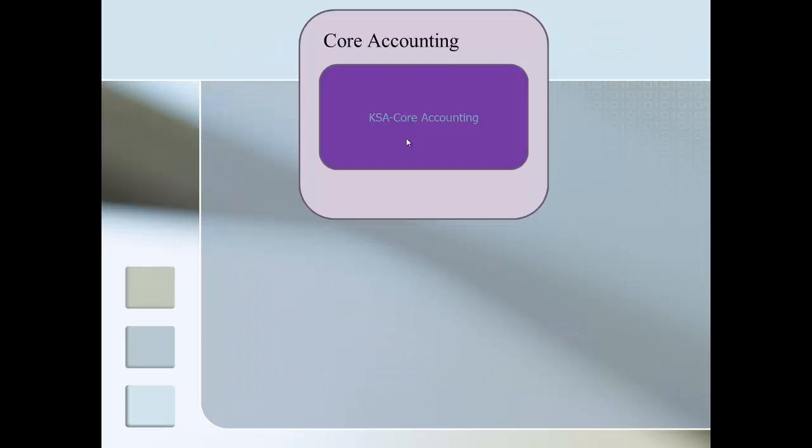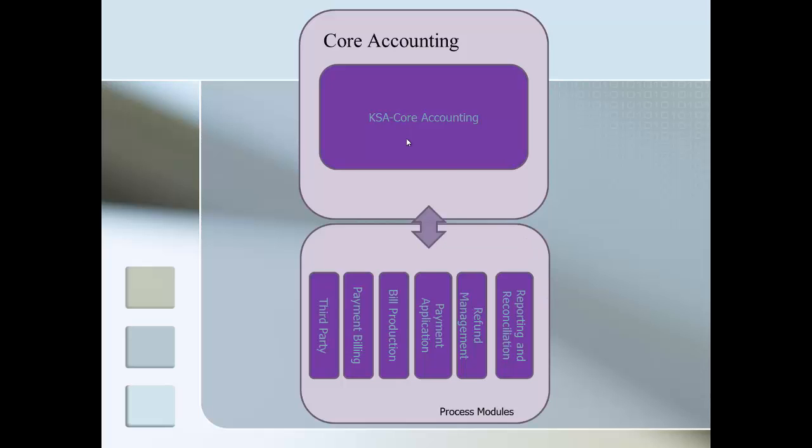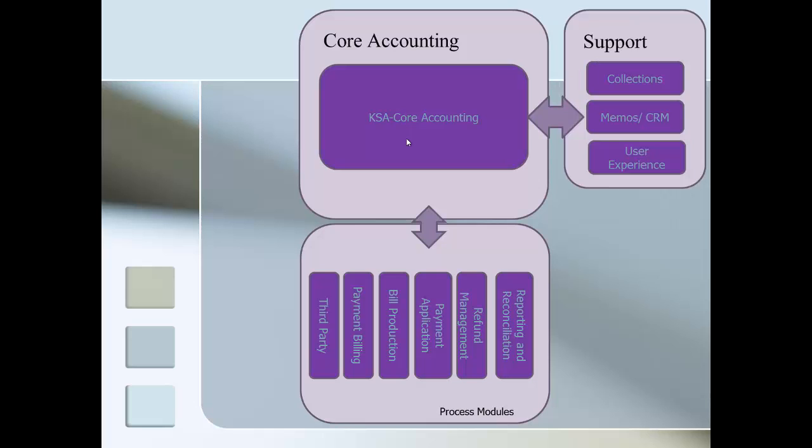So as a kind of high-level view of the system, the core accounting system sits at the middle of the system. That deals with basically anything where a student account gets a transaction placed on it. We then have a number of process modules that interact with that core accounting system. That's your third-party system, your payment billing system, your bill production, your payment application, your refund management, and your reporting and reconciliation.